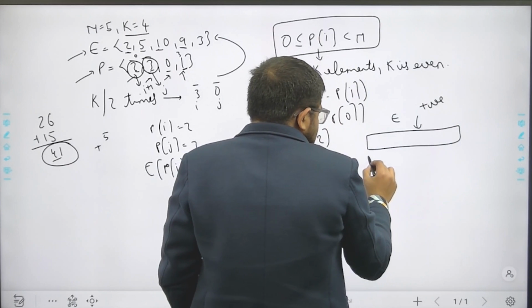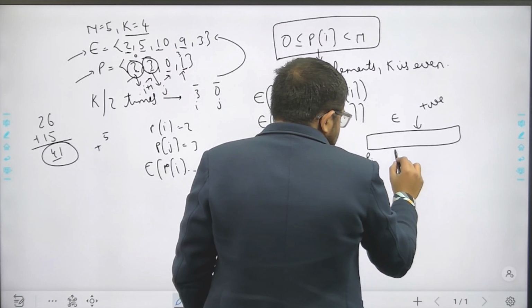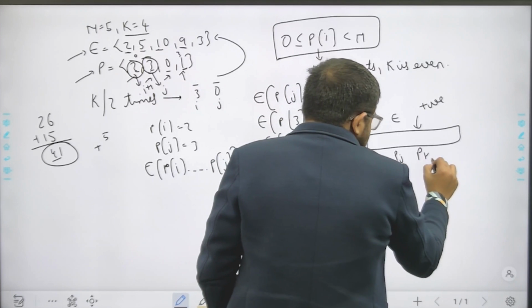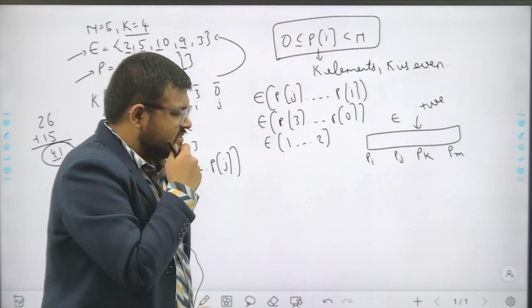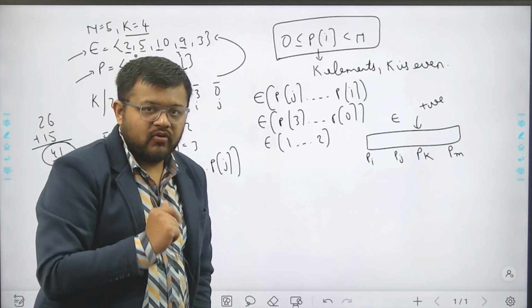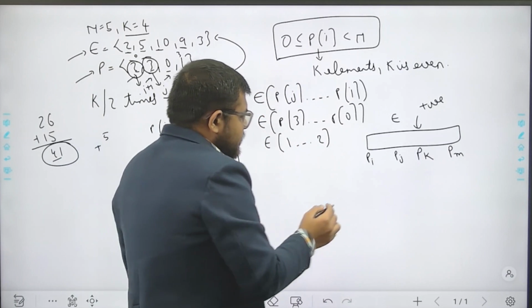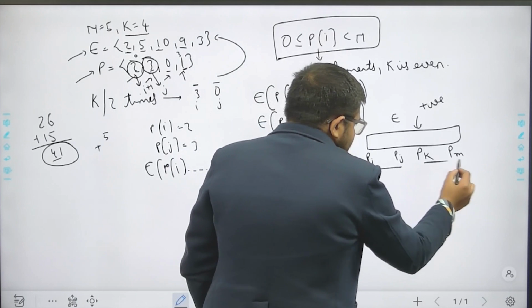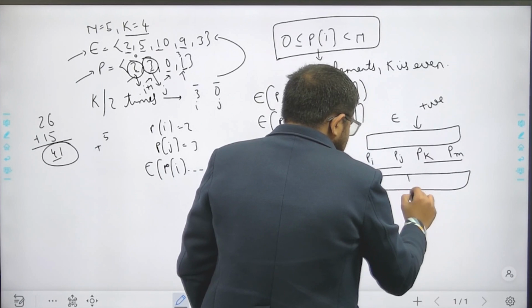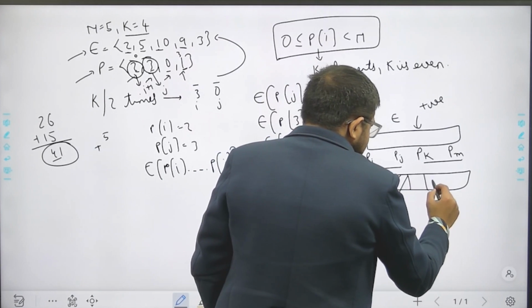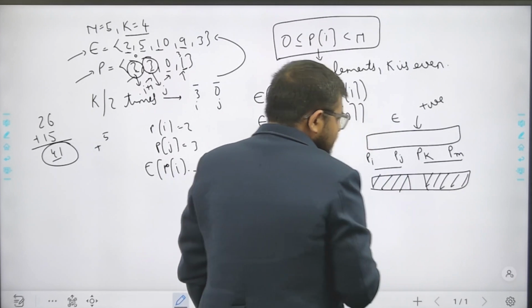Now let's say I have pi, pj, pk and pm. I have 4 indexes in my P array. Now one possibility is I choose this as 1 pair and this as 1 pair. So what will happen in that case? This many elements will be taken and this many elements will be taken.